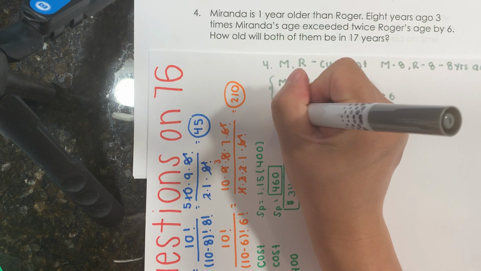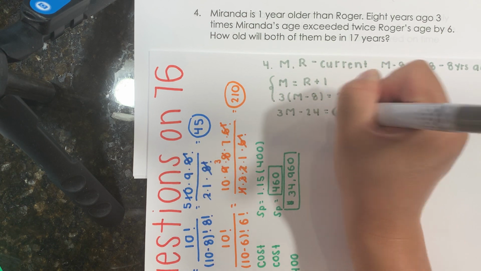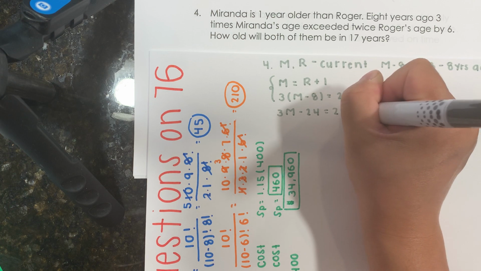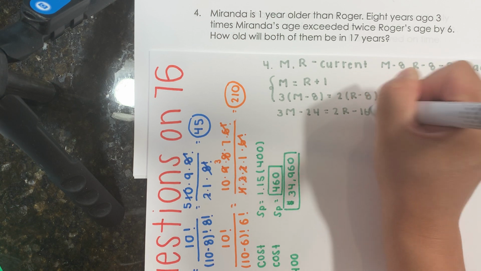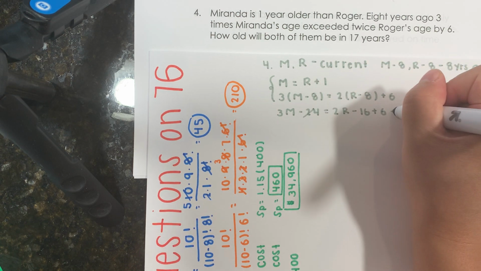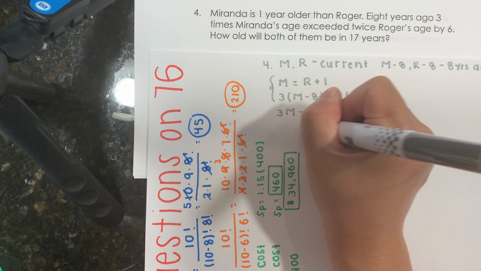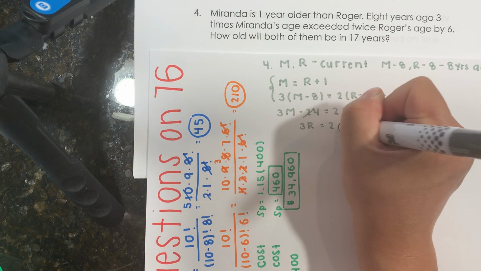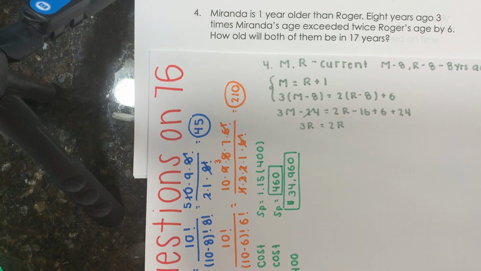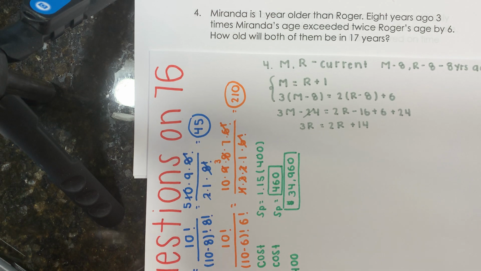Now I would distribute that, so I get 3m minus 24 equals 2r minus 16 plus 6. And then we can move the 24 to the other side. So really I have 3m equals 2r plus 14, I think. That's negative 16 plus 6 plus 24, which gives us 14.